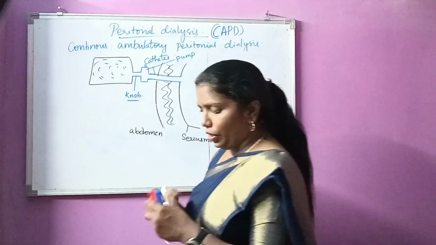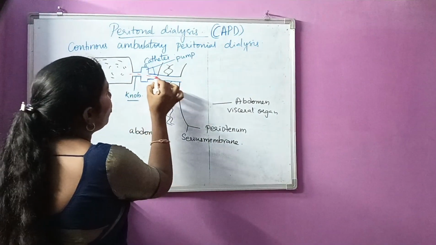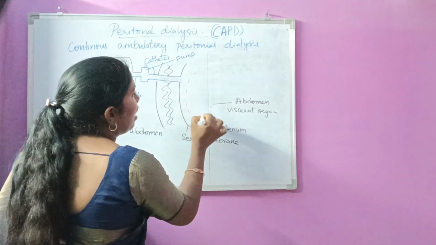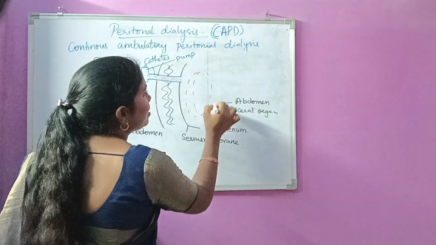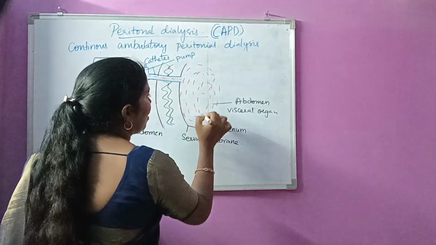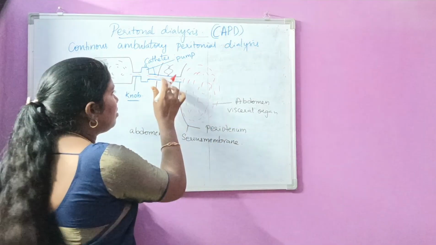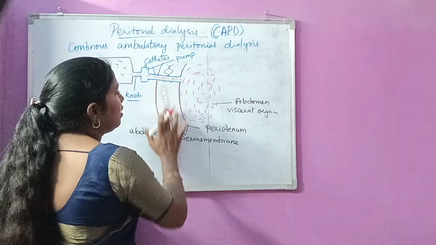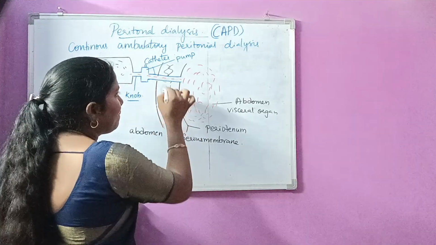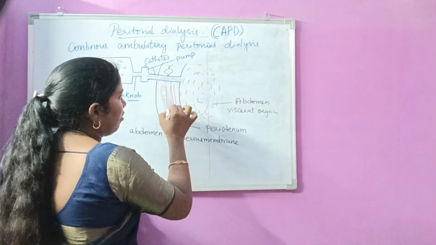And what happened? Look here. As it was attached, the liquid started flowing into the abdomen, into this peritoneal cavity, the abdominal cavity. As it moves inside, you know that this is a muscle layer. In this muscle layer, many blood vessels and blood supply can be found.